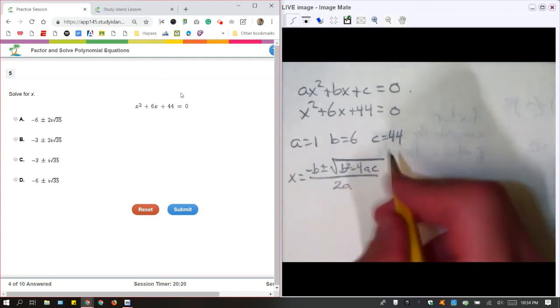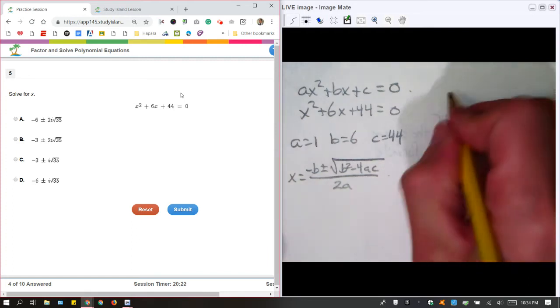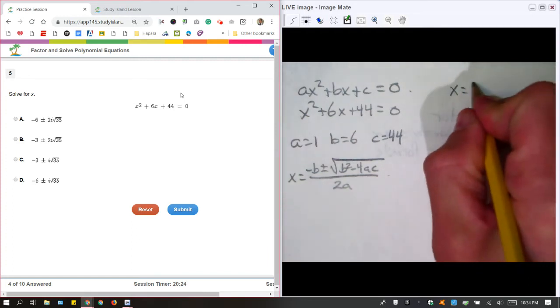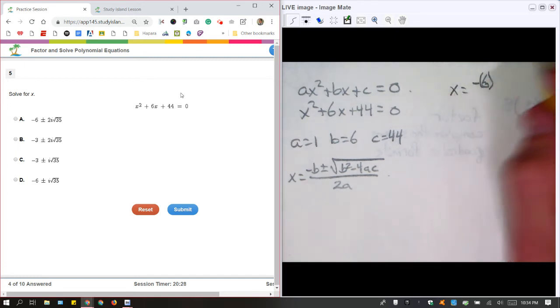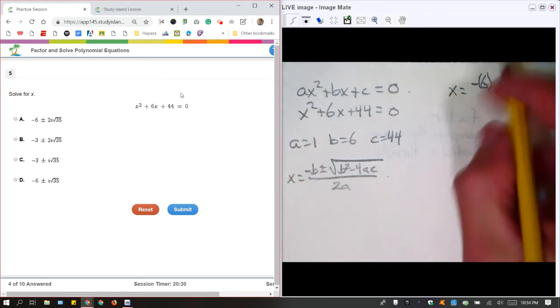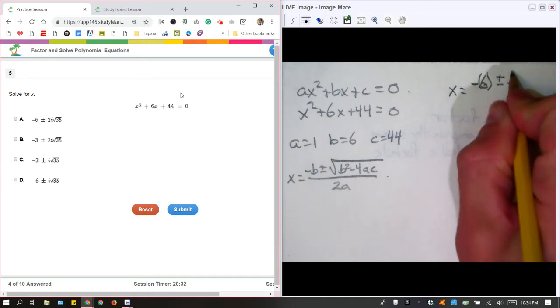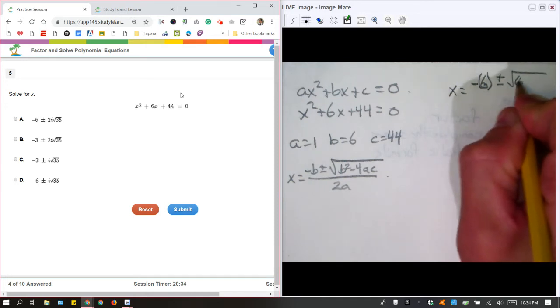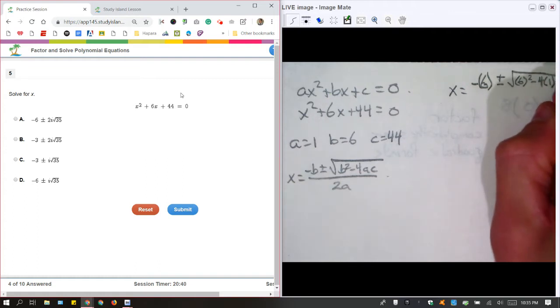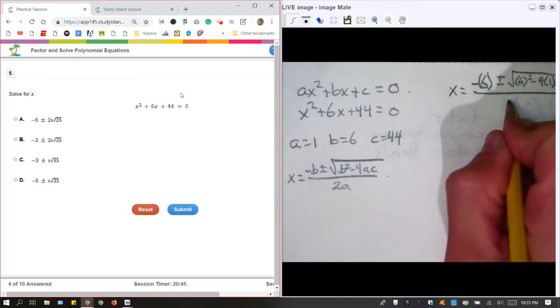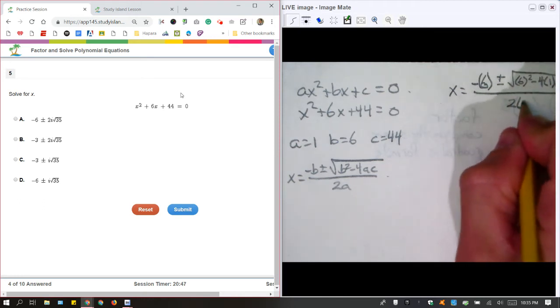All right, let's go ahead and plug in our numbers. We've got x equals negative 6, plus or minus the square root of 6 squared minus 4 times 1 times 44, divided by 2 times 1.